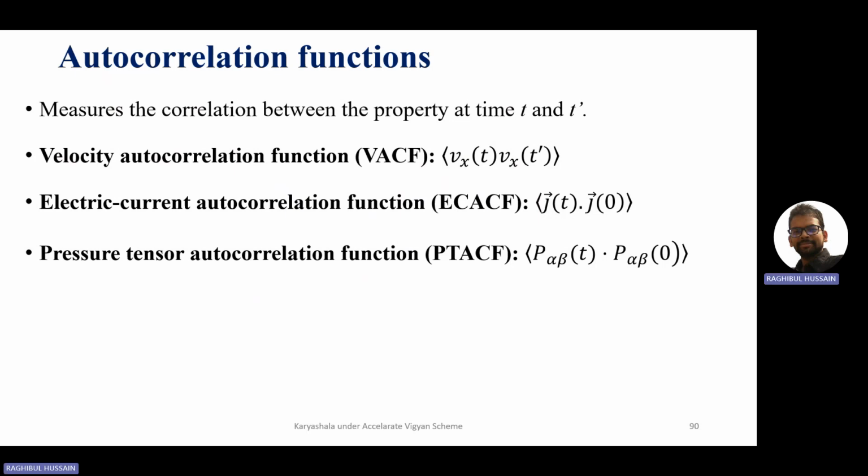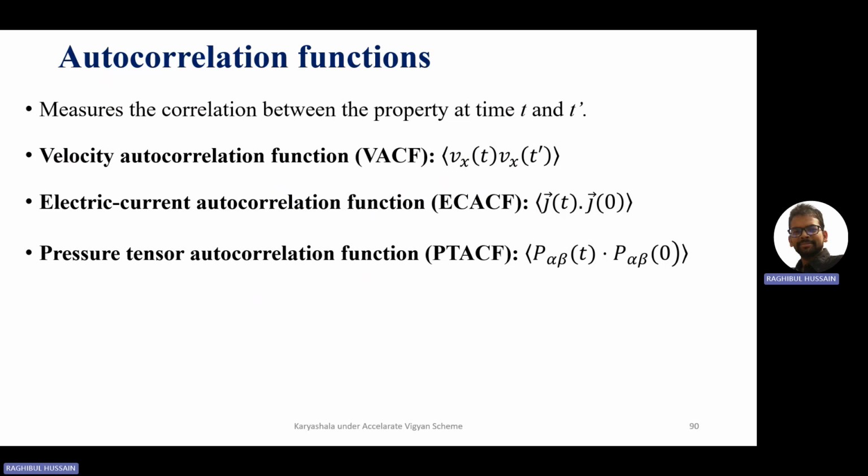So basically this autocorrelation function measures the correlation between the property at time t and time t prime. Here, obviously, time t and 0, and time t and t prime. And these curved brackets are the ensemble average, right?